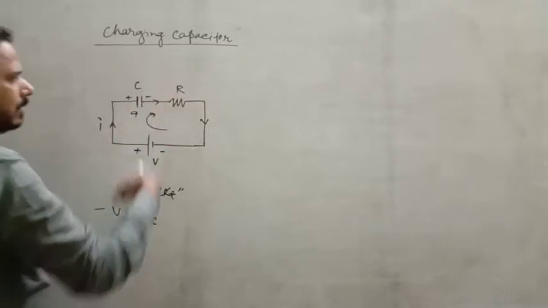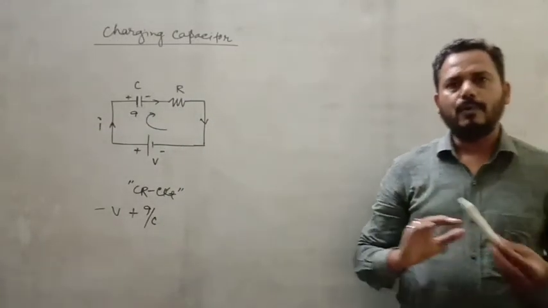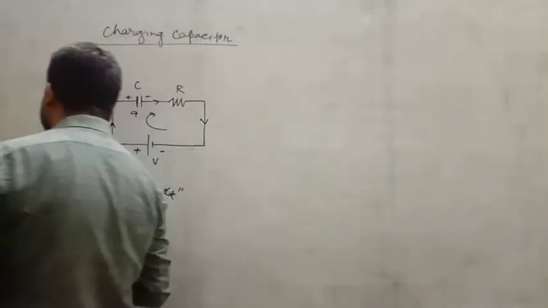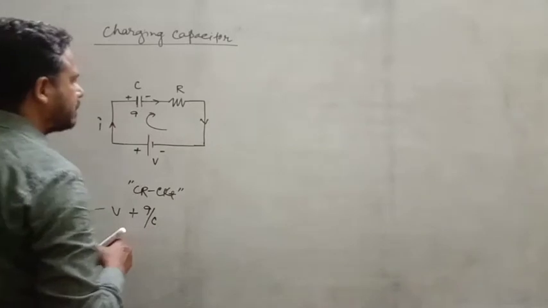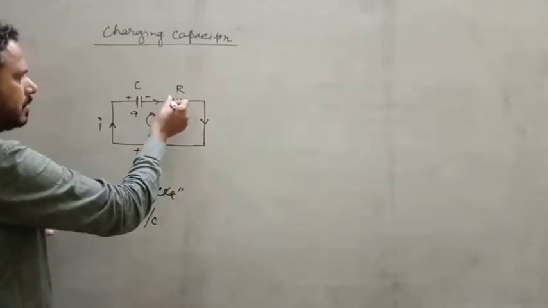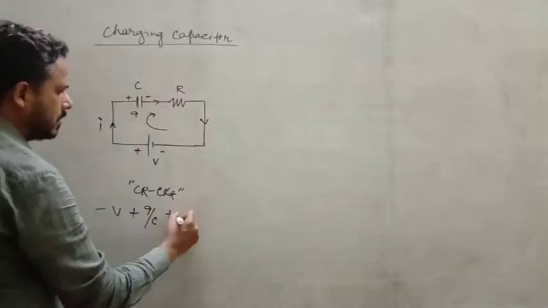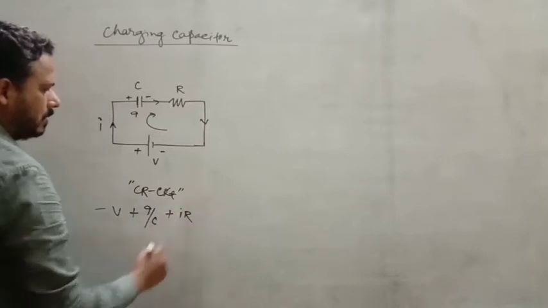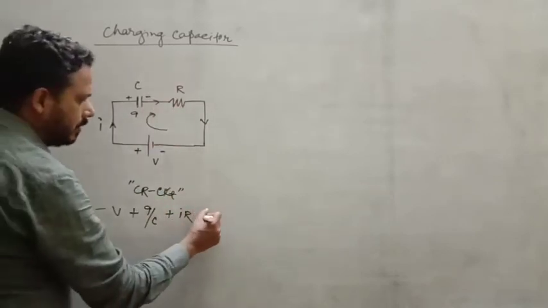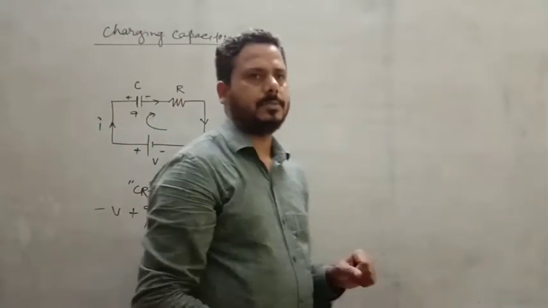The resistor has the characteristic of opposing the flow of current, that is, the flow of charge. So you are going through this resistor in the direction of current, so that would also be positive, and the potential drop in this resistor would be IR, and this is equal to 0 according to Kirchhoff's second law.